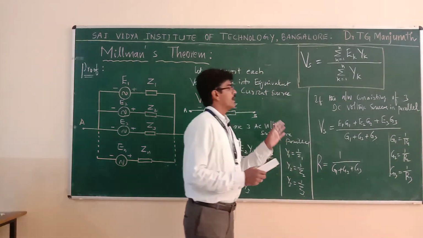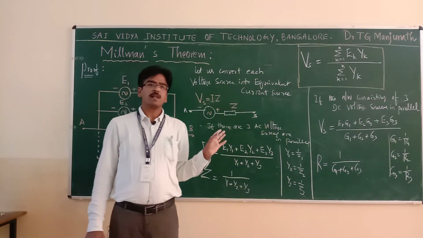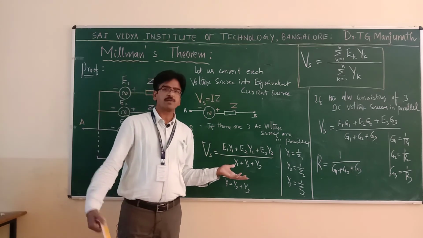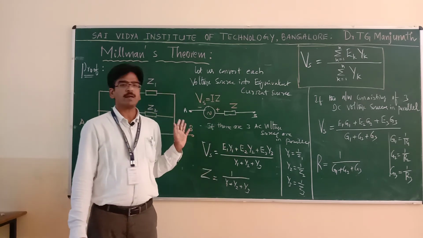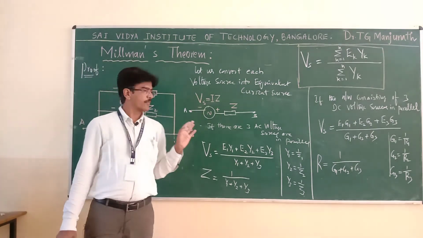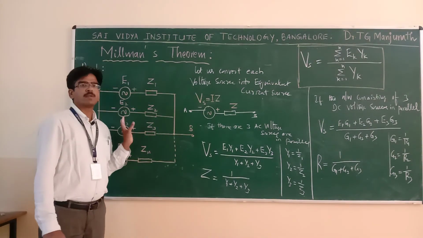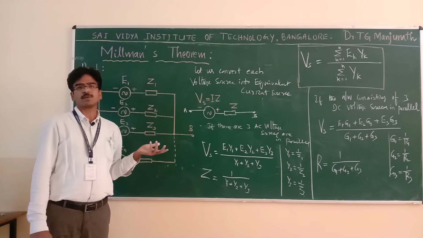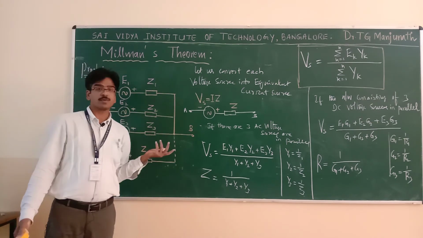So this theorem is so simple, the proof is also very simple, and solving the problems is also very simple. You just make use of the formula. In the problems they may give either 3 voltage sources or 4 voltage sources, or they may give current sources also.